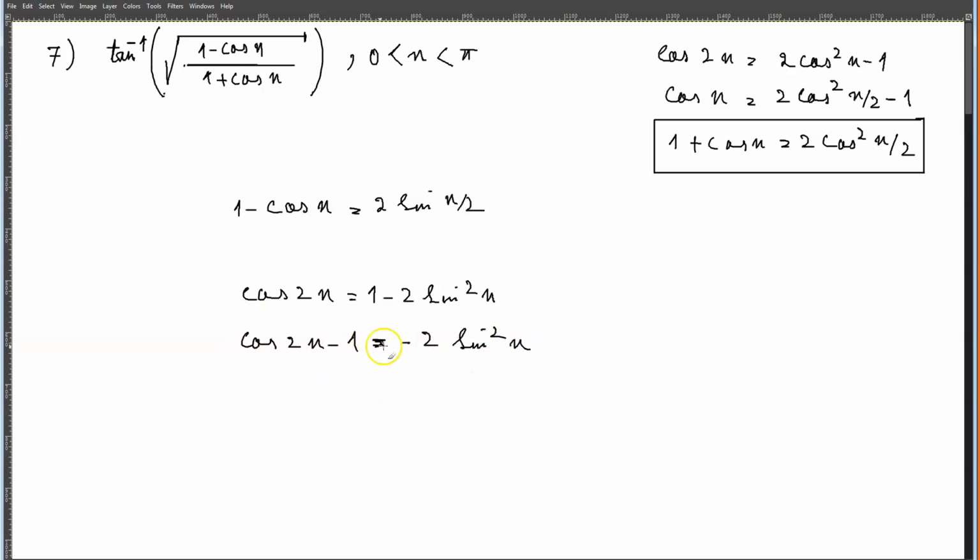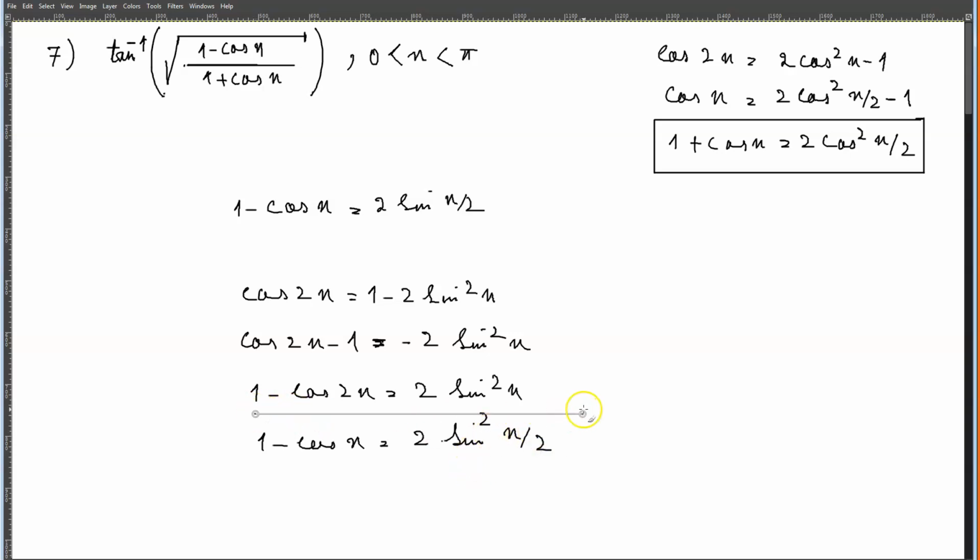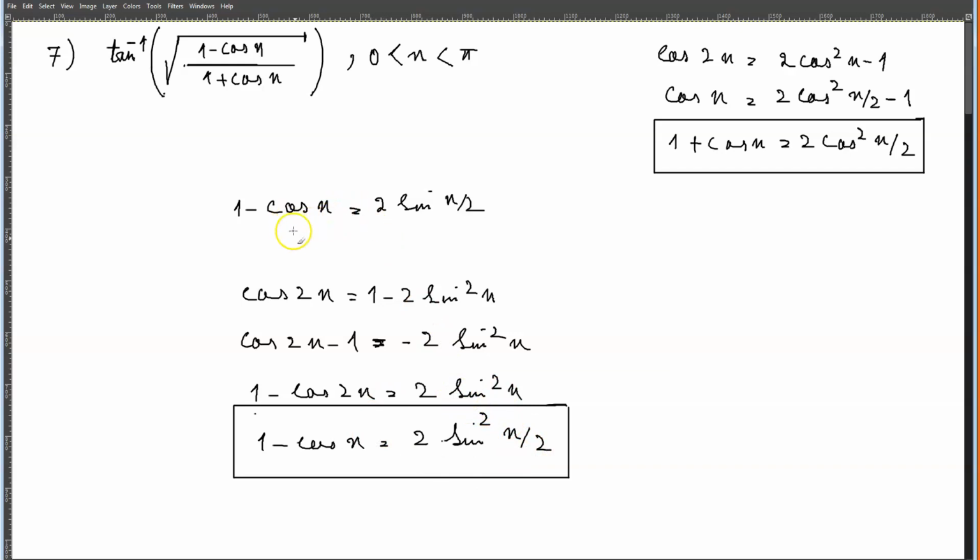And if I multiply both sides by a negative sign, 1 minus cos of 2x is equal to 2 times sine squared x. Divide the angles by 2, I get 1 minus cos of x is equal to 2 times sine squared x divided by 2. So 1 minus cos x is equal to 2 times sine squared x divided by 2, and 1 plus cos x is equal to 2 cos squared x divided by 2.